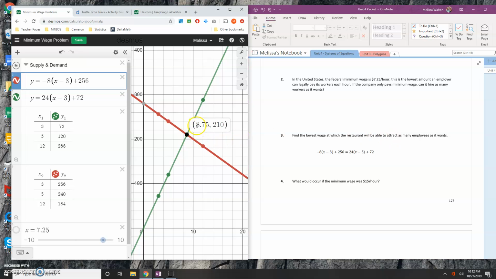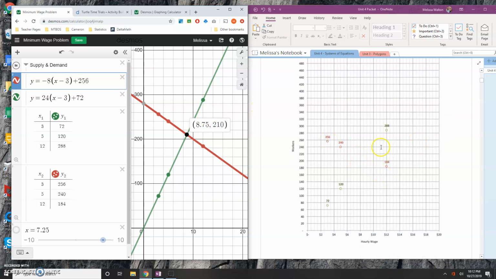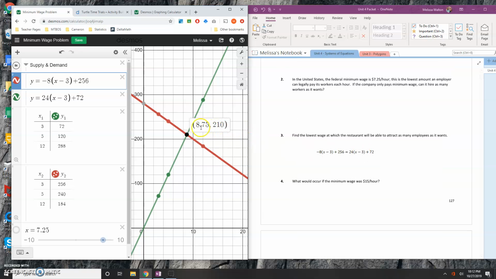You could have gotten $8.75. That would be the perfect wage for that. You could have done this graphically as well, but if you're kind of like me with a straight line challenge, it might be a little hard to see that perfect intersection on this graph. But $8.75 is the perfect amount.